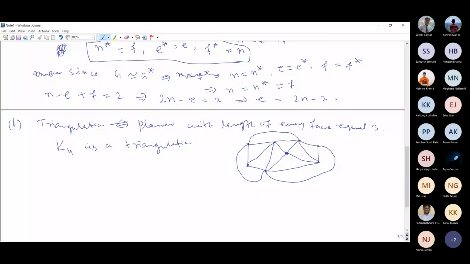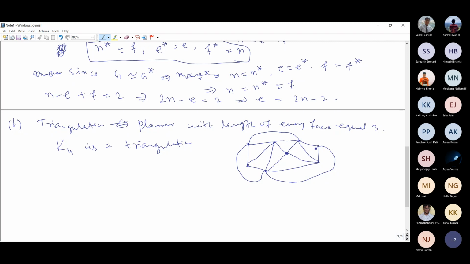If I draw this graph, look at the length of these. The length of all these internal faces is equal to 3 here, except the outer one. What is the length of the outer face?